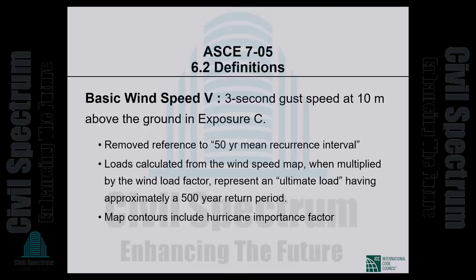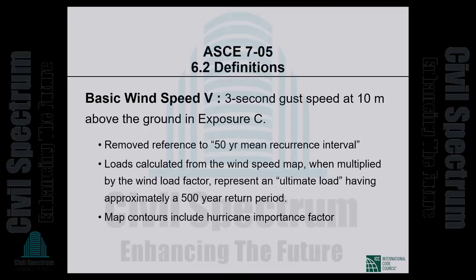So the basic wind speed definition, this I already shared with you. 3-second gust. Actually, I take it back. This is not a mistake. In view of the time, let me give you the short story.